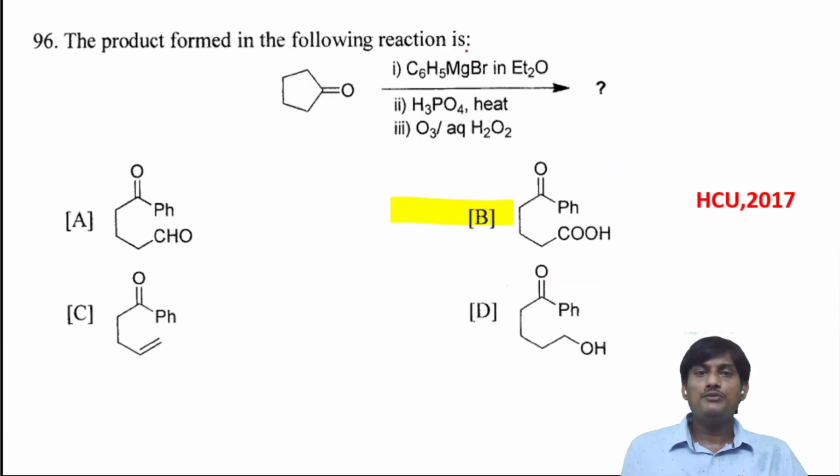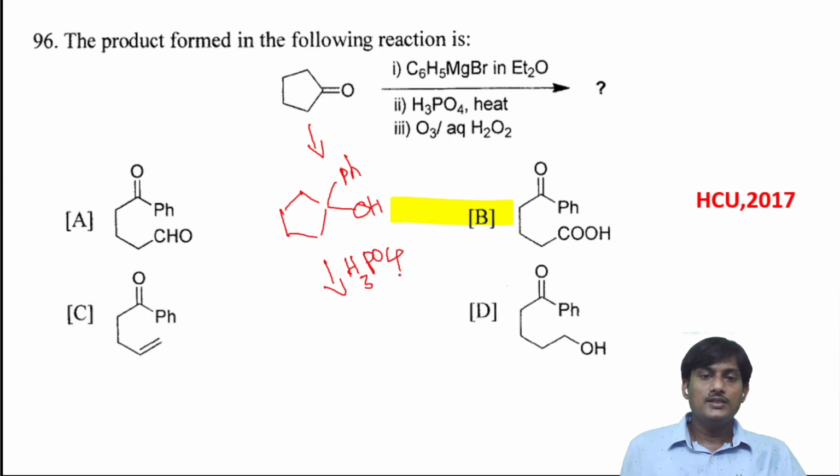The product formed in the following reaction: when you treat with phenyl magnesium bromide, first there is a Ph, and here this will be converted into OH. When you treat with H3PO4, there is a dehydration, removal of OH and H, so you will get an alkene. This is the alkene.